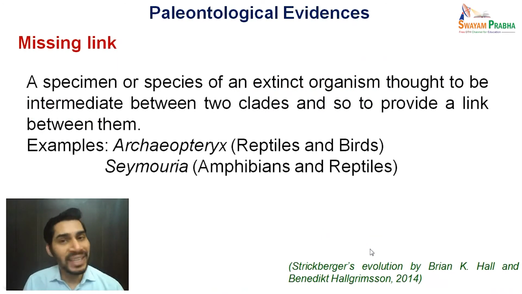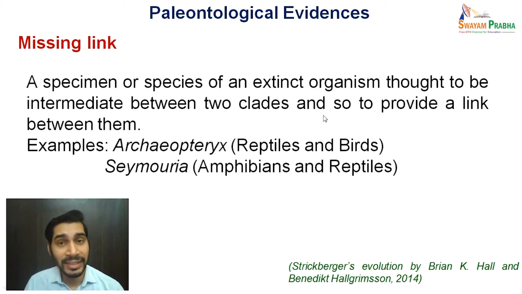What are the missing links? Any specimen or species of an extinct organism thought to be intermediate between two clades and so to provide a link between them. In simple words, it is a fossil which has been shown to have characters of two different clades, two different taxa, two different species.